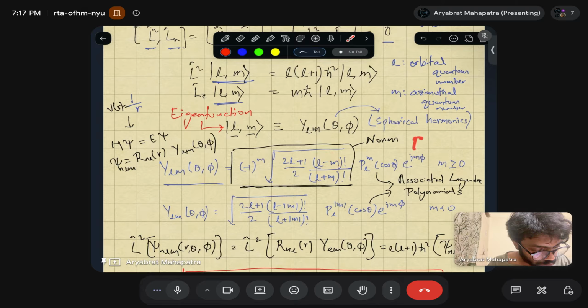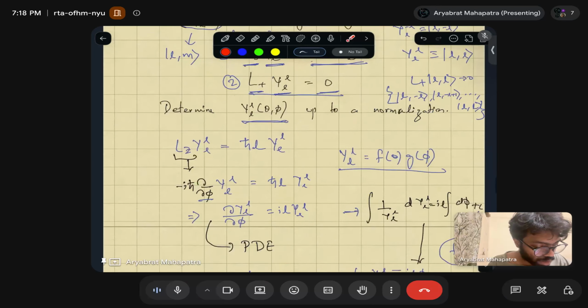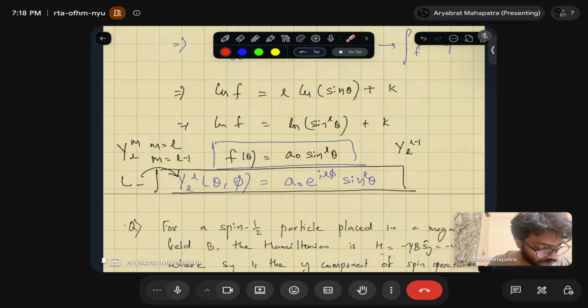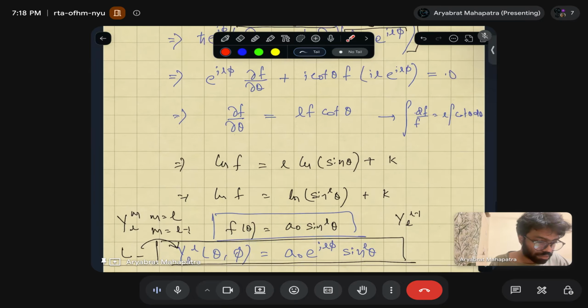And also if you use the exact form of P_ll(cos θ), and here also m will be l, you will get the exact form which we have found out. Even that associated Legendre polynomial will give you sin^l θ if you check for the m equal to l case.